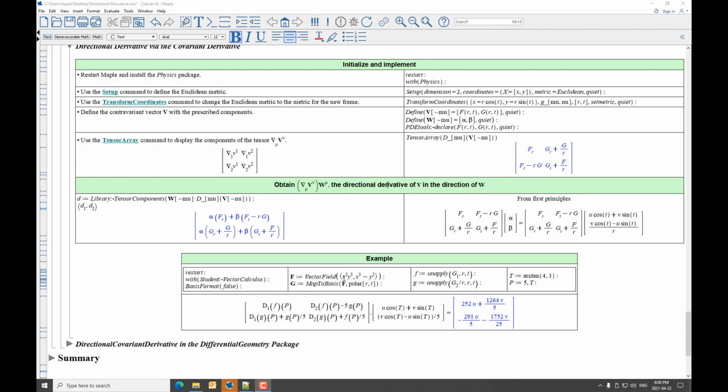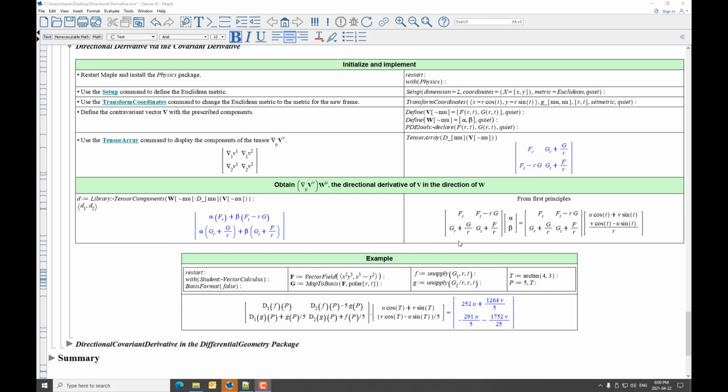We have the vector field in Cartesian coordinates, x squared y cubed, x cubed minus y squared. Map that to polar coordinates and make functions of the polar coordinate components. Here's the point where you want to evaluate, because we know what the answer is supposed to be for this directional derivative.